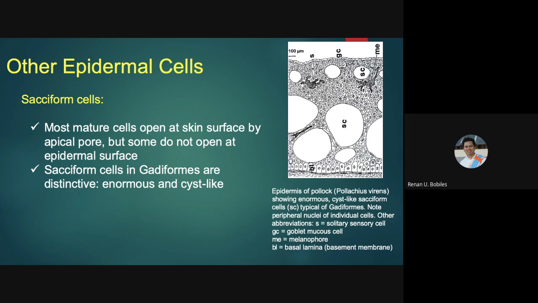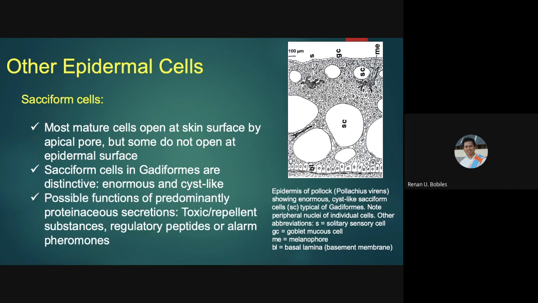Regulatory peptides. Possible functions are predominantly proteinaceous secretion, toxic or repellent substance. Basically, sacciform cells are for protection, regulatory peptides or alarm pheromones, similar to the Ostariophysan club cells. Okay?